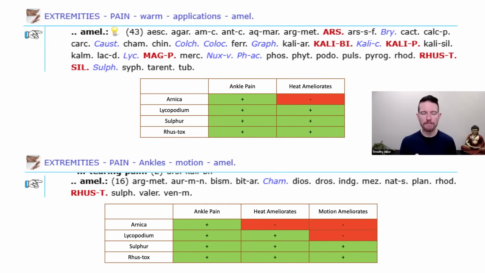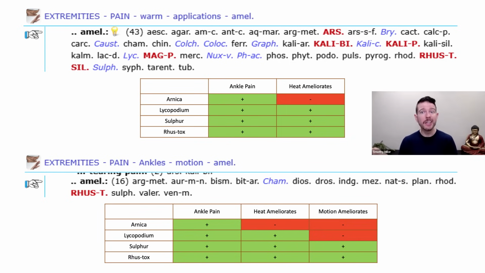And this rubric only has 16 remedies. So we've gone from 255 to 43 to 16. And also I now have another rubric that I can use to help pare down my remedy selection. So here we go. Arnica doesn't have heat ameliorates and doesn't have motion ameliorates.